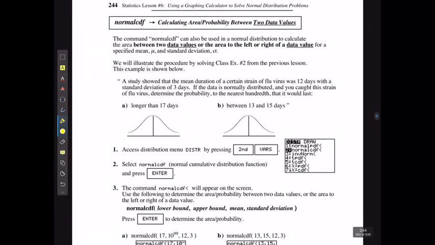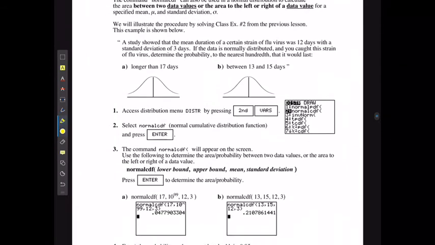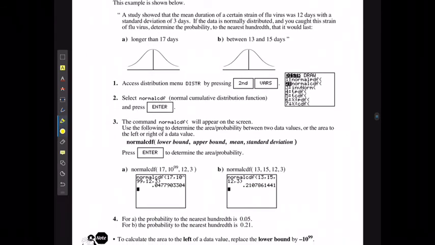If you're calculating between two data values, you can do this using the data values instead of z-scores. The first thing is your lower boundary, the second is your upper boundary, the third is your mean, and the fourth is your standard deviation.